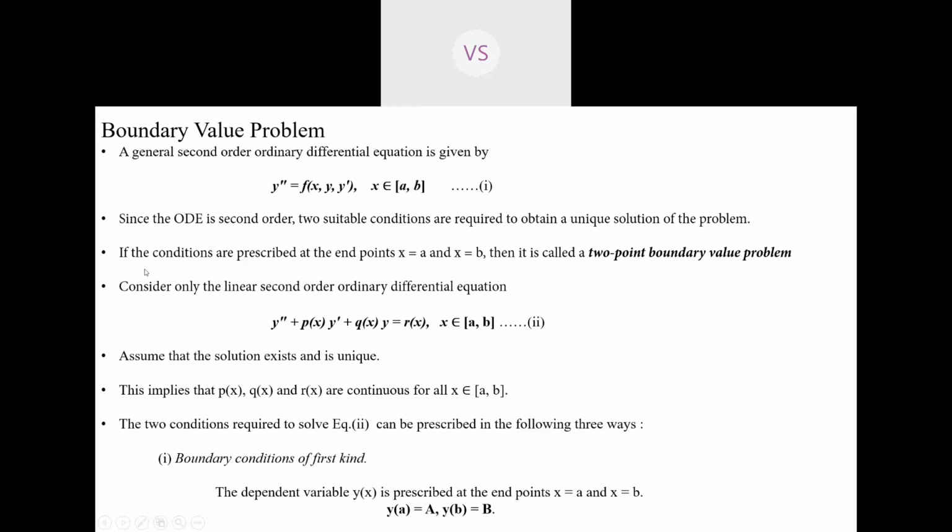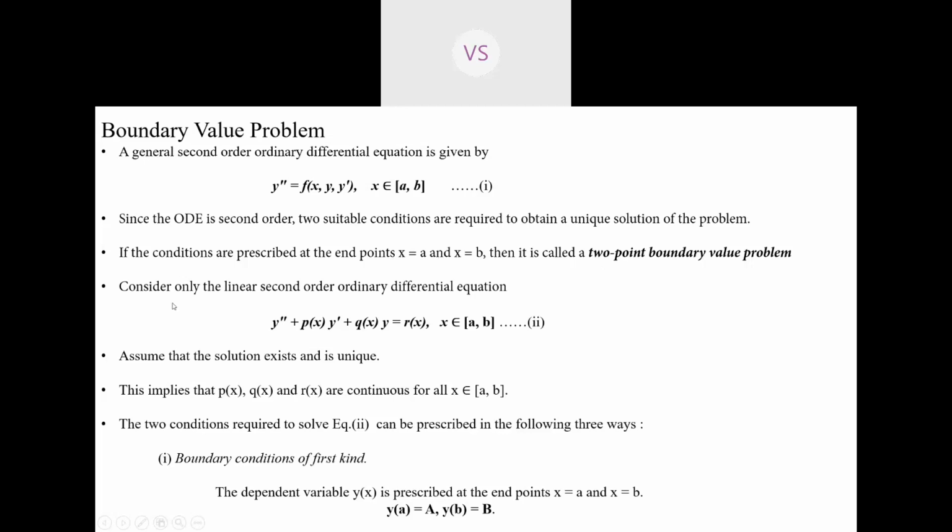If the conditions are prescribed at the end points, consider x is equal to a as the initial point and x is equal to b as the end point, then it is called a two point boundary value problem. Here two conditions are given to you, at x is equal to a initial and x is equal to b final. If these two conditions are given, we call it a two point boundary value problem.